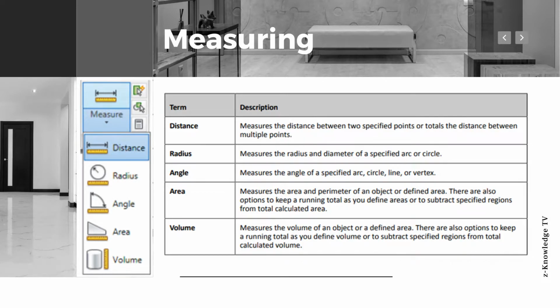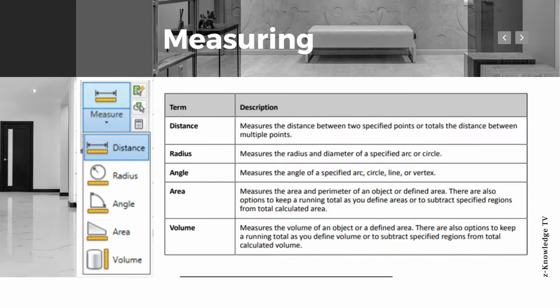So, for the radius, it measures the radius and diameter of a specified arc or circle. For the angle, it measures the angle of a specified arc, circle, line, or vertex. For the area, it measures the area and perimeter of an object or defined area.